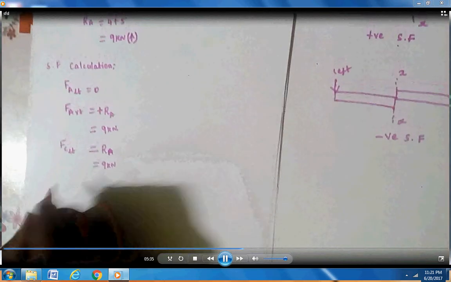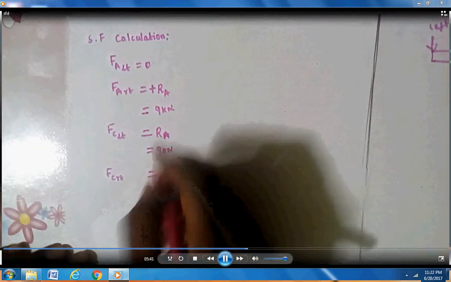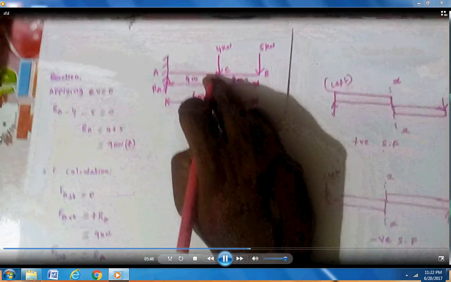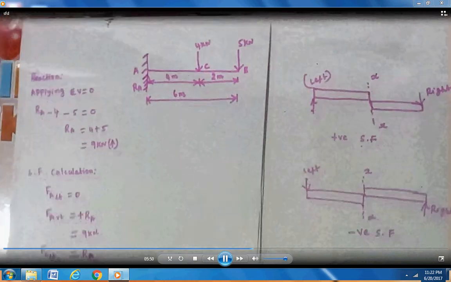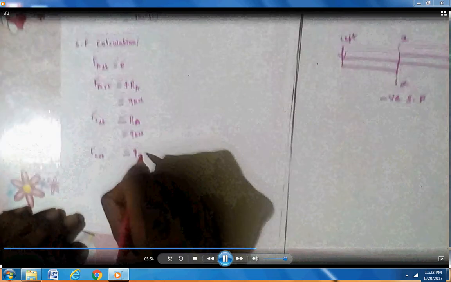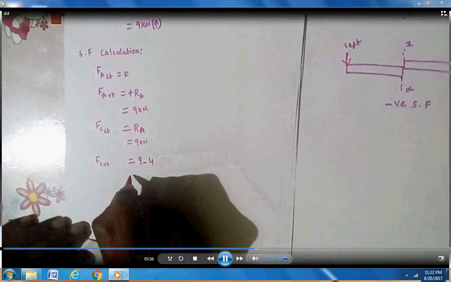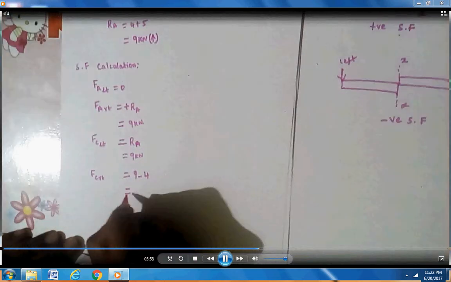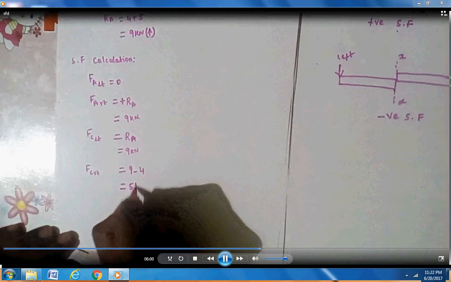Then C right means considering the point load at C, that is downward 4, so negative. To the left, downward is negative, so 9 minus 4, that is 5 kilonewton.